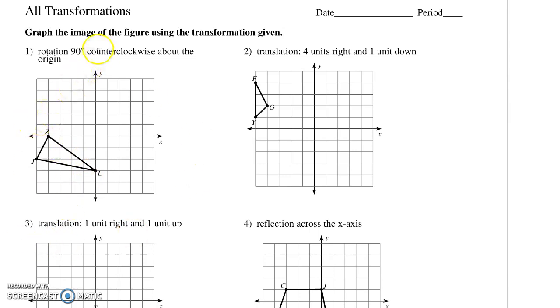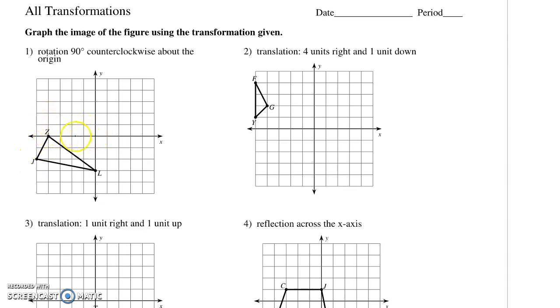Number one says that we are going to rotate this figure 90 degrees counterclockwise about the origin. Okay? So if you look at your transformations cheat sheet under rotations, we're going 90 degrees counterclockwise. So our rule is to go from x comma y to negative y comma x. So I'm going to move point Z first.